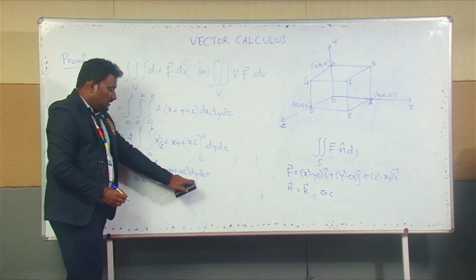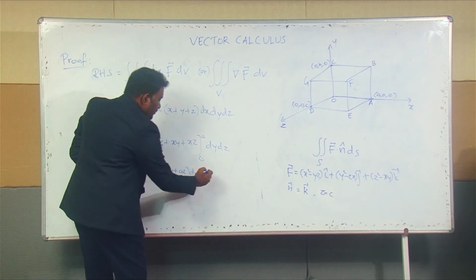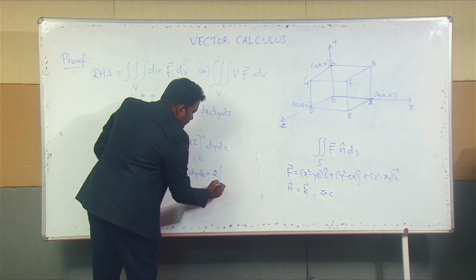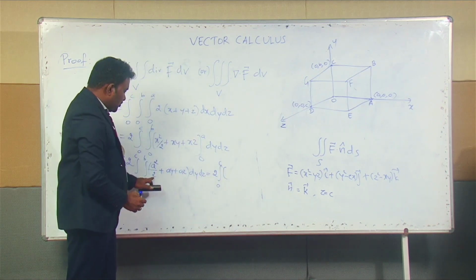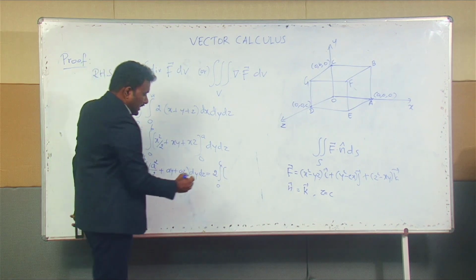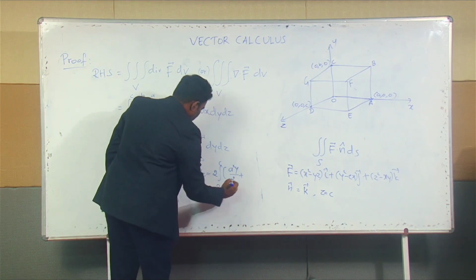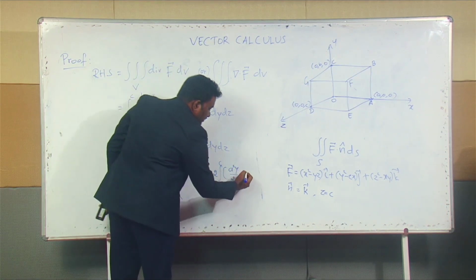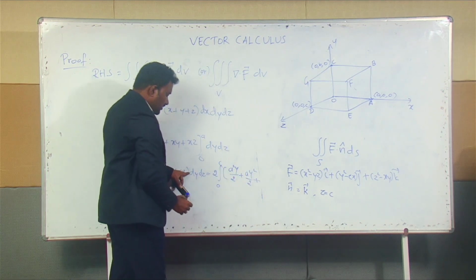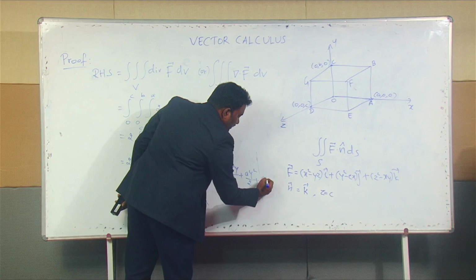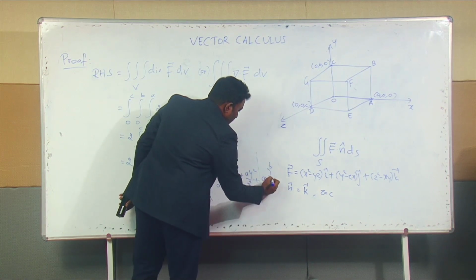We can integrate this whole function with respect to y: a squared by 2 becomes a squared y by 2, plus a y squared by 2, plus the last term becomes a y z, from 0 to b, and we have dz.